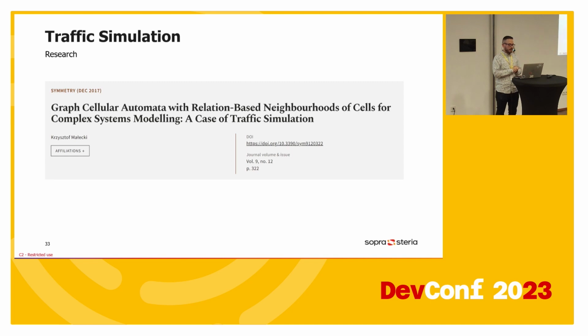His paper is Graph Cellular Automata with Relation-Based Neighborhoods of Cells for Complex Systems Modeling, a case of traffic simulation. Okay, it's about cars, so maybe it's not really about social behavior. But on the other hand, if we have a traffic jam, it strongly depends on our behavior as drivers on the way. And cellular automata are perfect to run simulations based on traffic jams, for example.